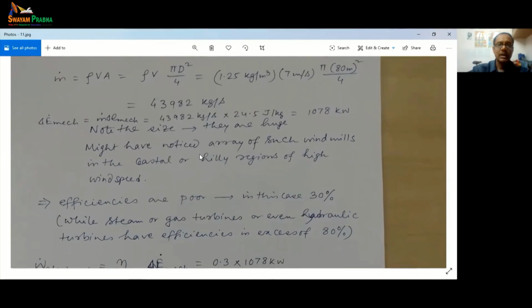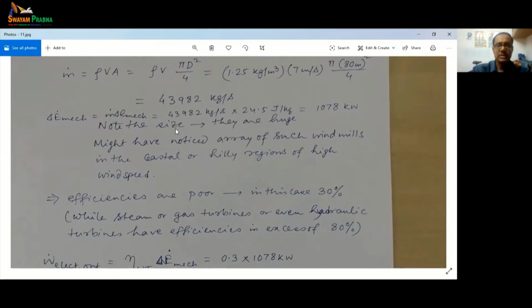Okay, so here I bring your attention to the size. These are huge windmills, and you might have noticed arrays of such windmills in coastal or hilly regions, where usually the wind speeds are high, and you have enough vacant, uninhabited land space so that you can put up these windmills.